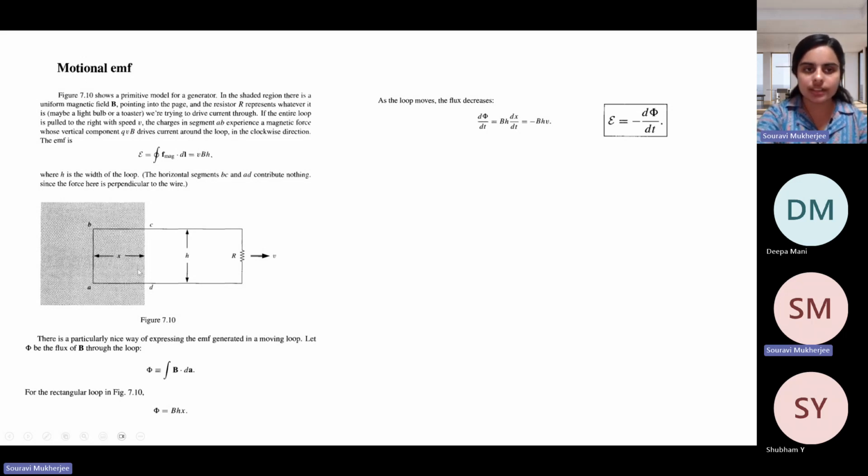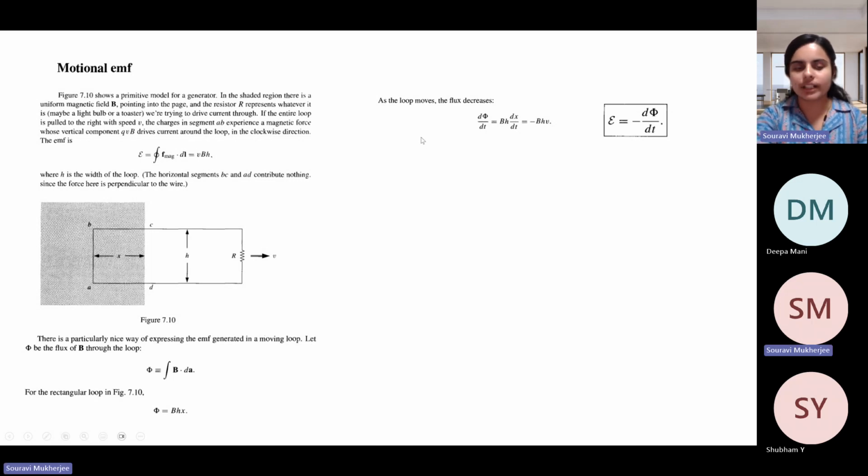So what is the flux linked to this loop? You can write it as the integral of B dot dA, where dA is some area element, and then you integrate over it. For the rectangular loop, you can write it as B into H into X, where X is this distance which is inside your magnetic field region.